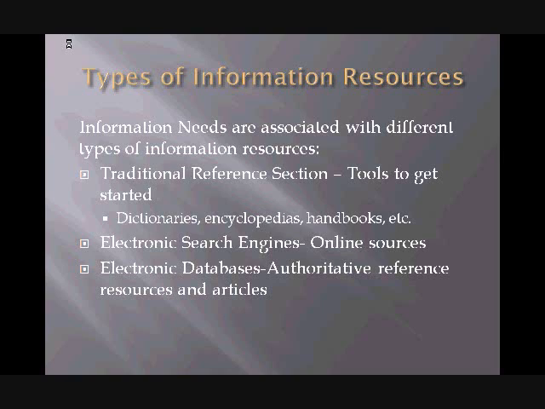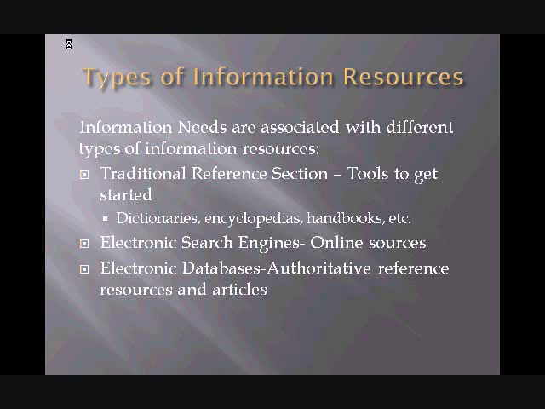Oftentimes, they'll ask the question using a search engine on their iPhone and have no need to go to the library at all. Another information resource that is used to locate information to satisfy students' information needs are electronic databases, and this is where students can find authoritative reference resources and articles.